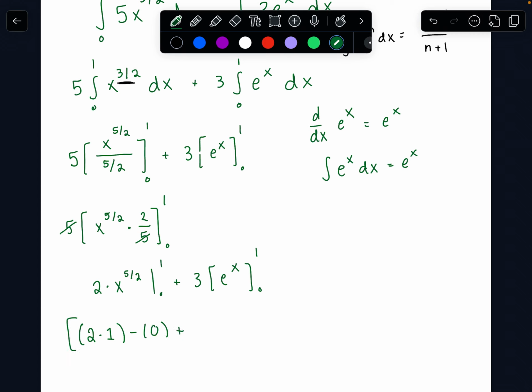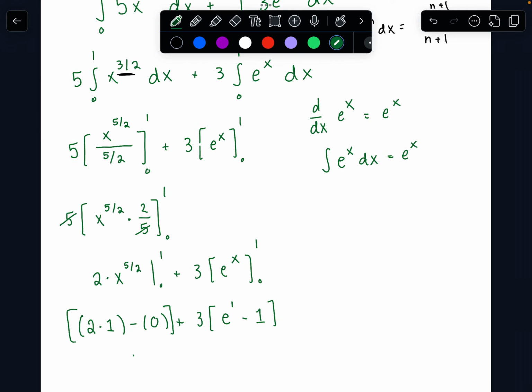Plus, we're going to have 3 e to the 1 minus e to the 0. E to the 0 is equal to 1. Okay, so we're going to have 2 plus 3e minus 3, which is equal to 3e minus 1.